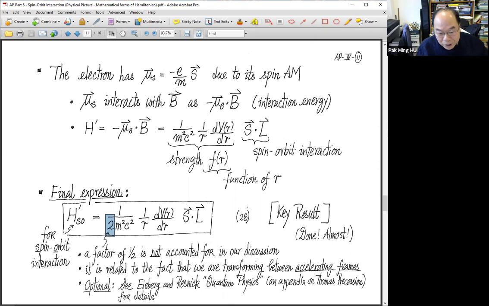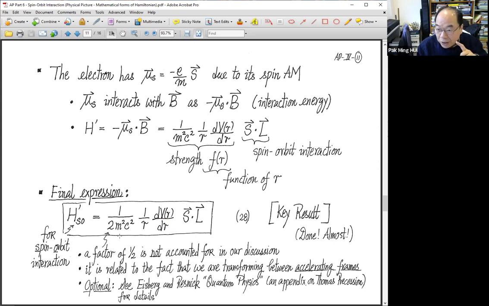This equation 28 is the actual final answer of the spin orbit interaction term. I haven't argued about this half. These halves come from when you transform back to the frame where the nucleus is not moving and the electron is moving, there is an additional factor of half.